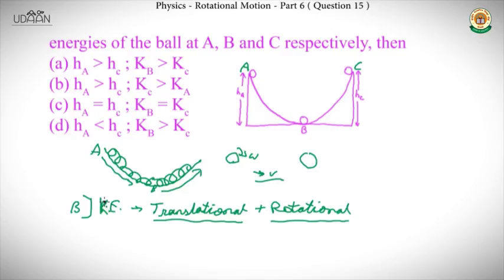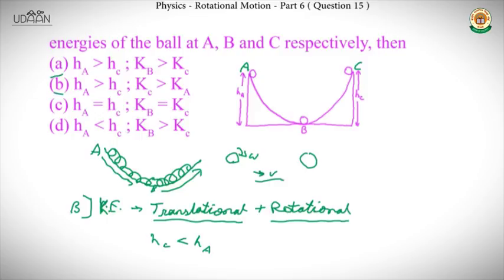However, at point C, the rotational kinetic energy stays as it is, whereas only the translational part is converted to potential energy. So this shows that the potential energy at point C is lesser than the potential energy at point A, which can easily get us to the conclusion that HC will be lesser than HA. Do you get my point? So HC lesser than HA is the option only available in option A and option B.